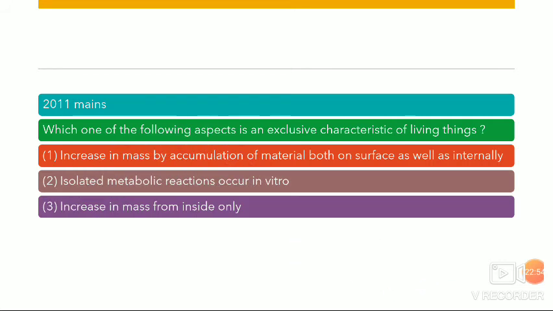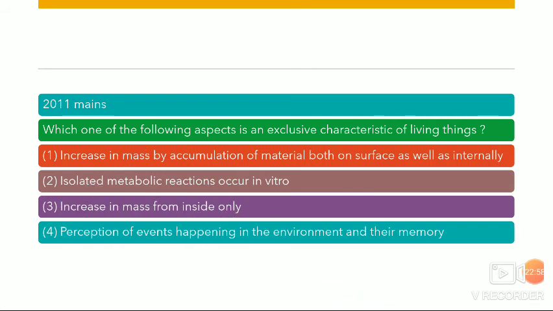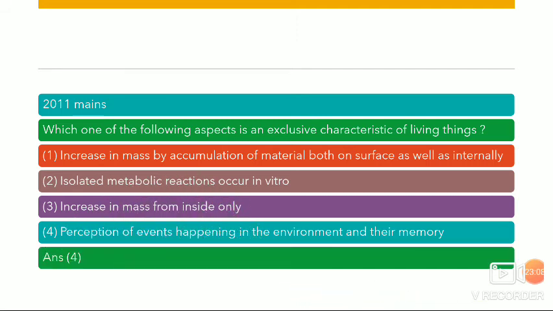No. Increase in mass from inside only. No. Perception of events happening in the environment and their memory. So the right option is fourth one, perception of events happening around. So as we have discussed about consciousness, so that is what this question is asking.